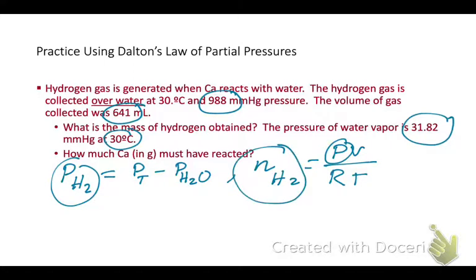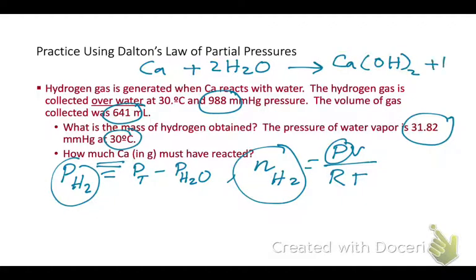Once you have moles of hydrogen, now you want to figure out how much calcium reacted. You need to write the balanced chemical equation of calcium reacting with water, which gives you the metal hydroxide and hydrogen gas. And you have the same moles of hydrogen as moles of calcium.